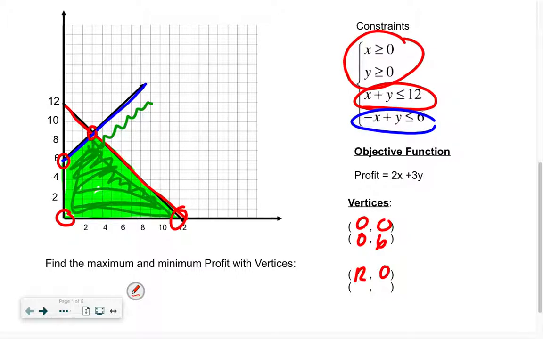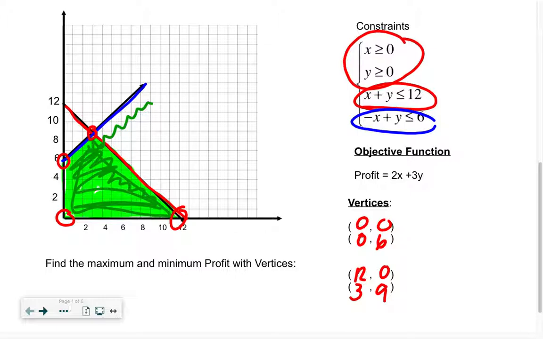Yeah, like right here. That is 3, 9. So our vertices are where our lines meet. Is there any other place within the green region that's bounded where lines meet? Any other intersection points? I think we got them all, right?